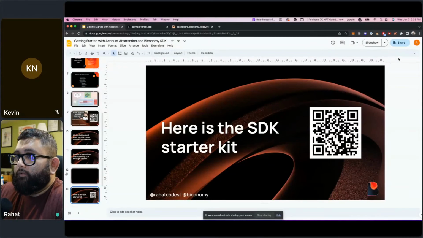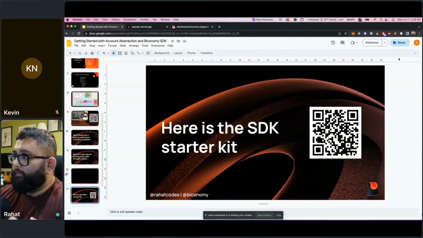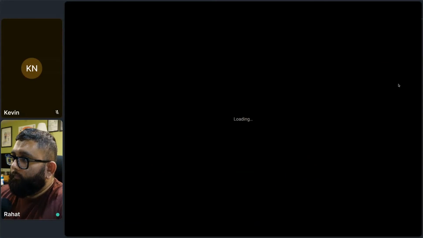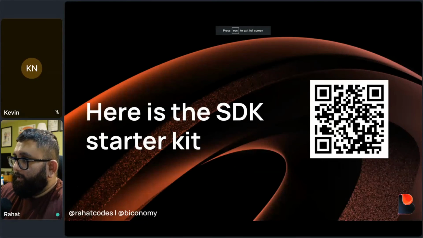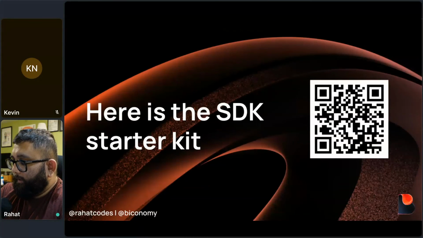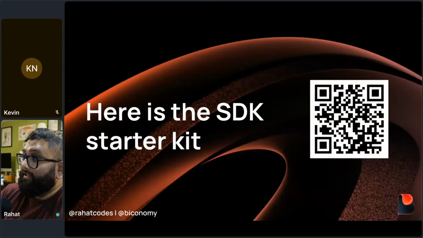So this starter kit actually has several different examples in it. The example I showed you was pretty complex, using Uniswap v3 router under the hood. This SDK starter kit actually has more simple pieces of information, like how to go in and create your own NFT mint.